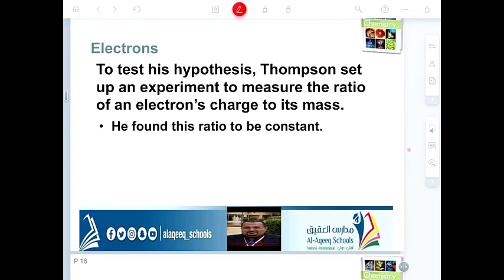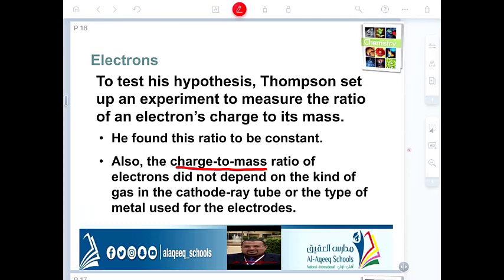And he found this ratio to be constant, as I said. Electrons formed in his experiment were the same even if you change the gas inside the tube. So the electrons didn't depend on the kind of gas in the tube, and also didn't depend on the type of metal used in the electrodes, the metal discs.